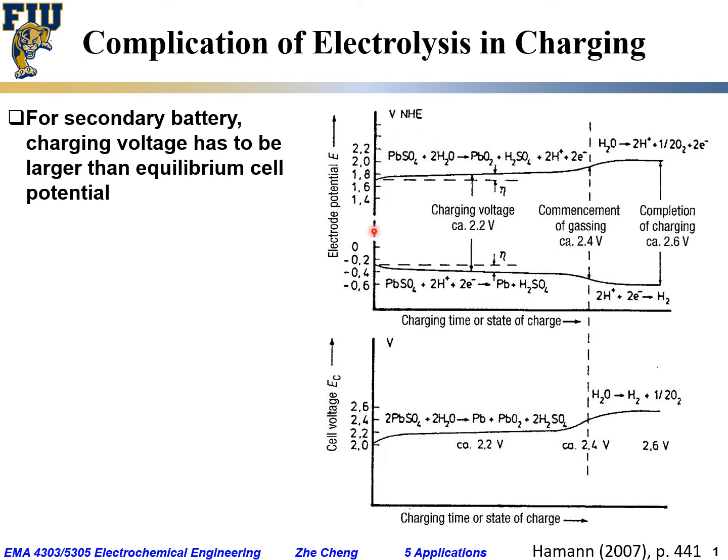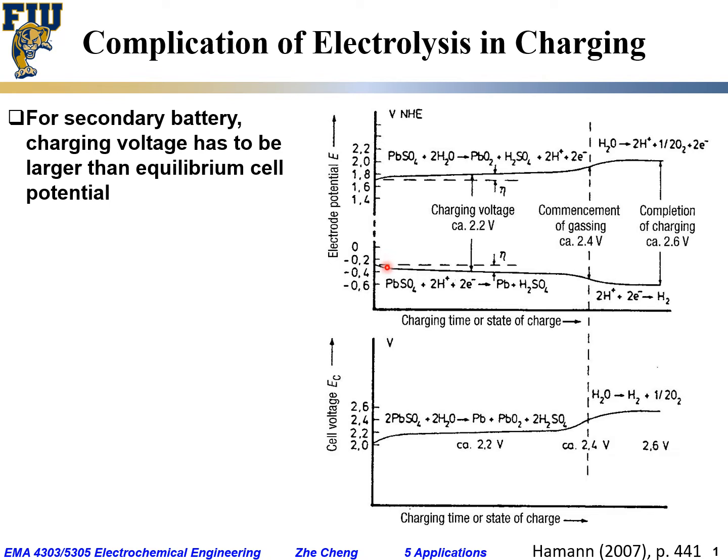Okay, and then at zero charge time or state of charge, the voltage is relatively low. On the other hand, in order to drive this overall reverse reaction or full cell reaction, we have to apply a voltage higher than the equilibrium, and how high depends on the current density that we want to use during the charging process.